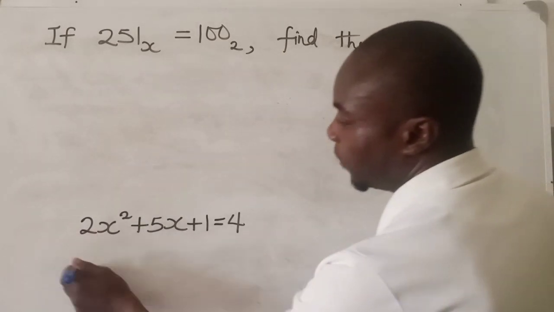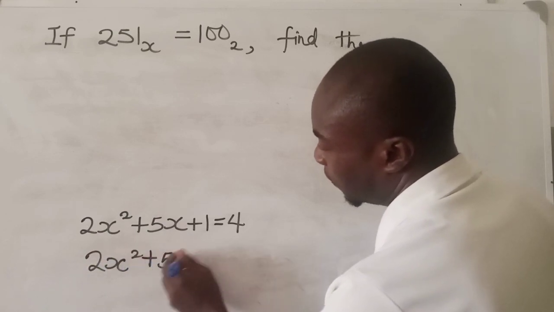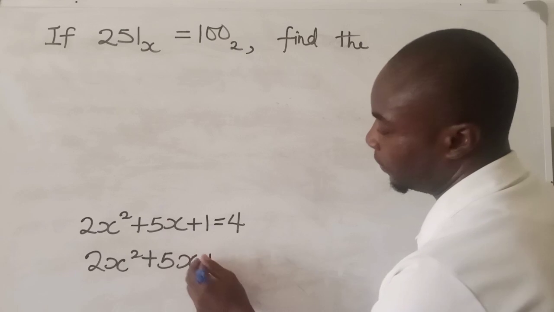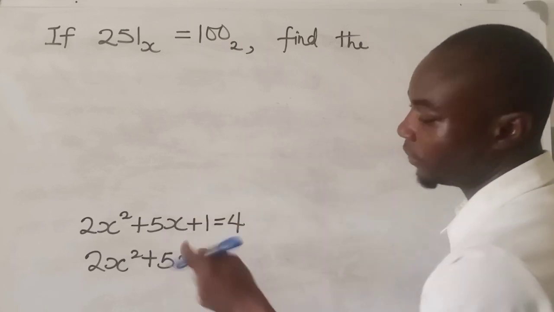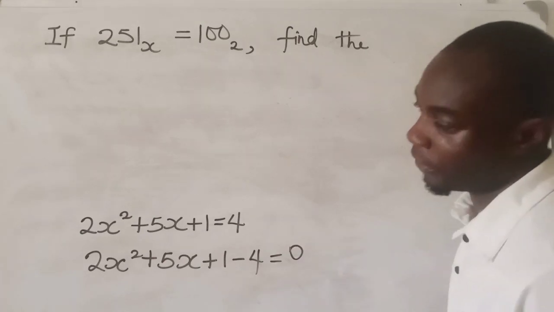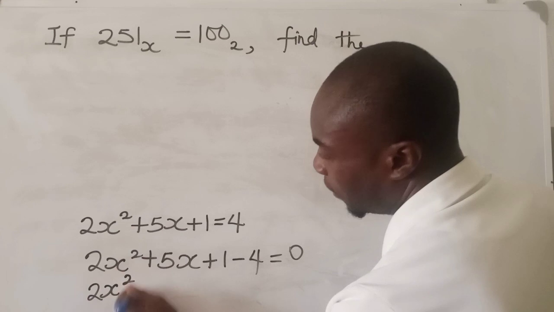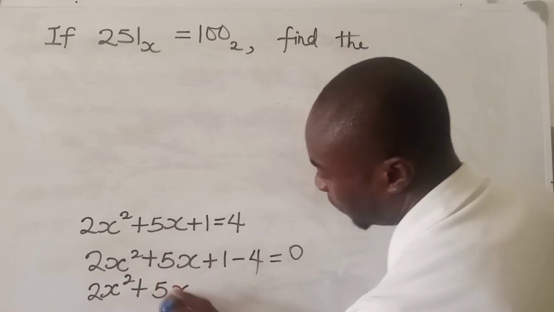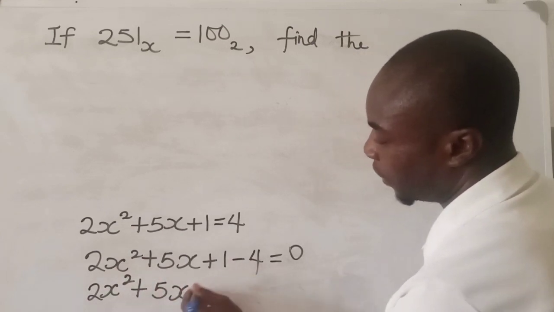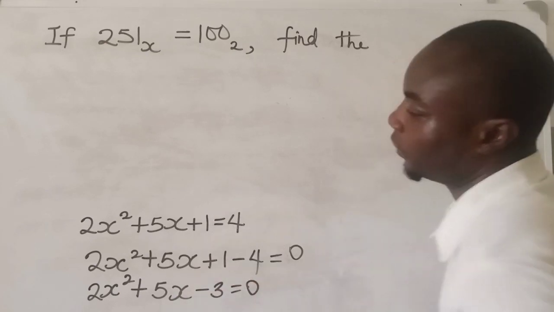But in doing that, let's bring down 2x squared plus 5x plus 1, plus 4 crossed to this side becomes minus 4, and that's equal to 0. So we'll have 2x squared plus 5x. 1 minus 4 will give us minus 3, and that's equal to 0.